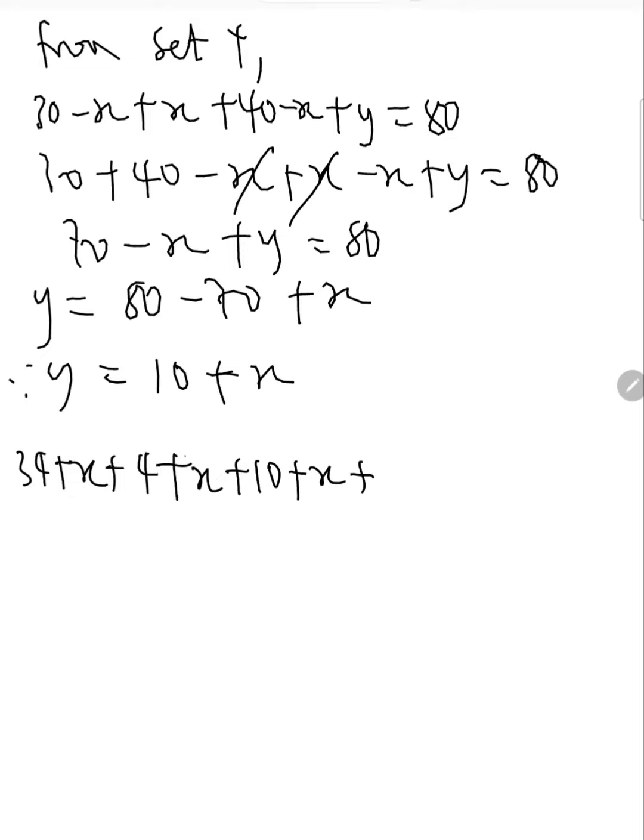So I'm just writing the values of c, m, and what? Y first. Then I'll just continue with what we have already.